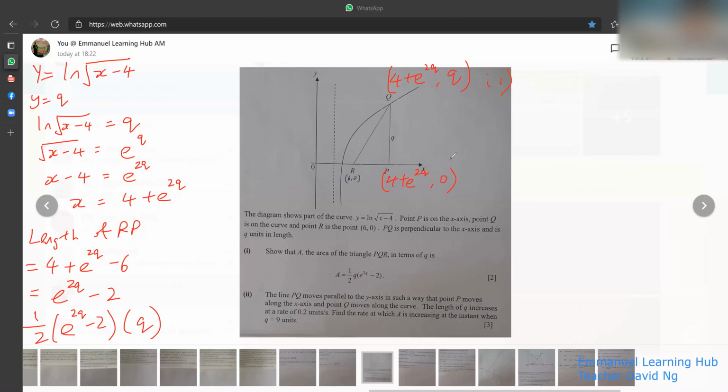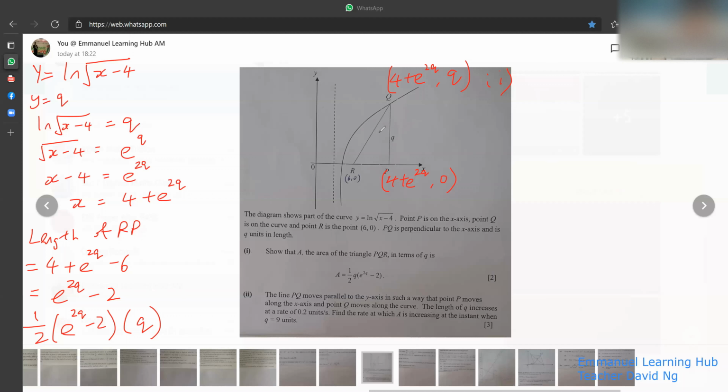For part 2, they say that the line PQ moves parallel to the y-axis, in such a way that point P moves along the x-axis and point Q moves along the curve.